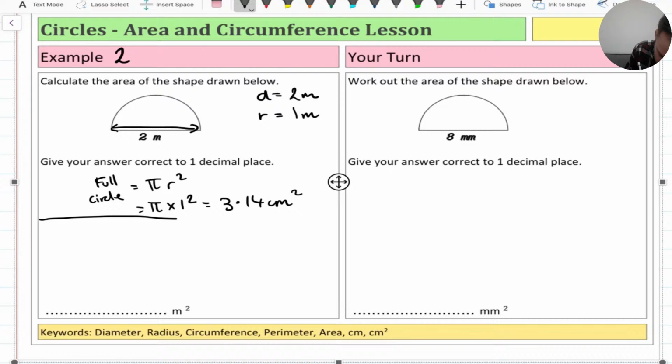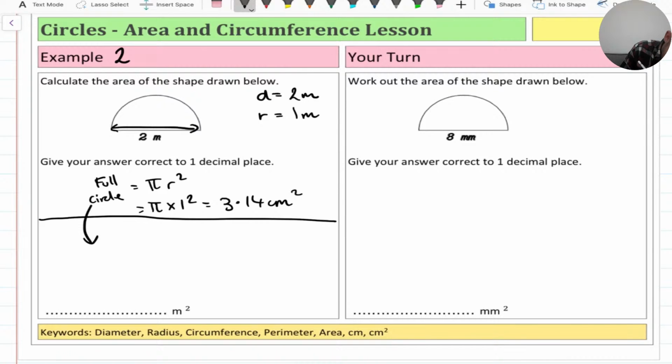So with a semicircle, we need to divide that by 2. So semicircle area is equal to 3.14 divided by 2, which is equal to 1.57 centimeters.